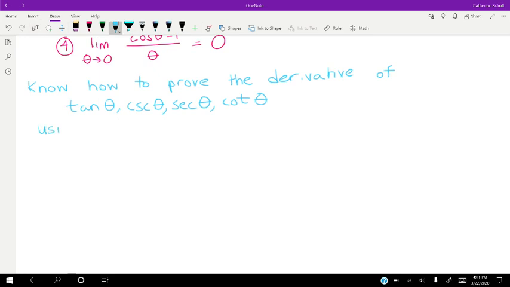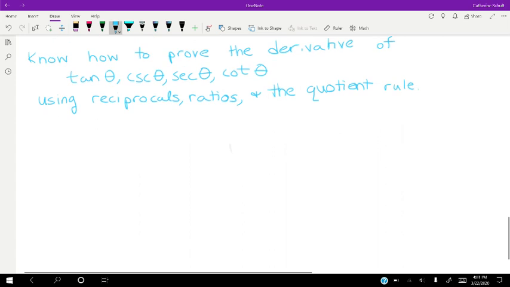I'm sorry, I originally said using the definition of derivative, but we would be using reciprocals or ratios and the product and the quotient rule. Okay, so let's practice that.